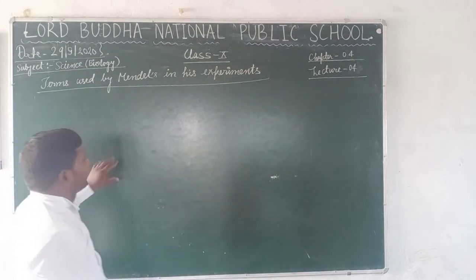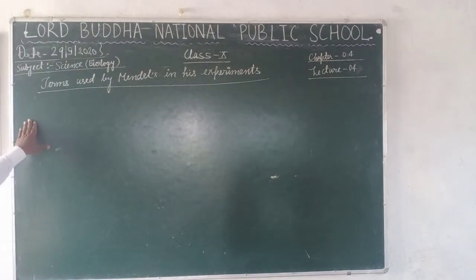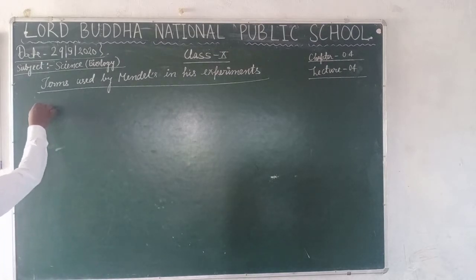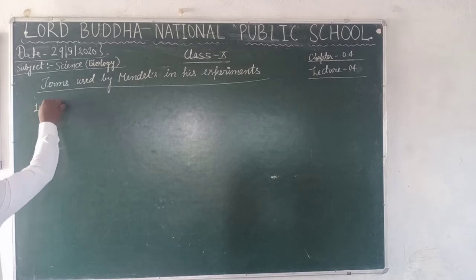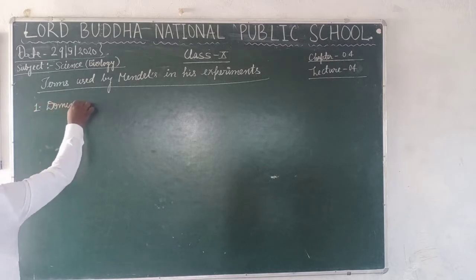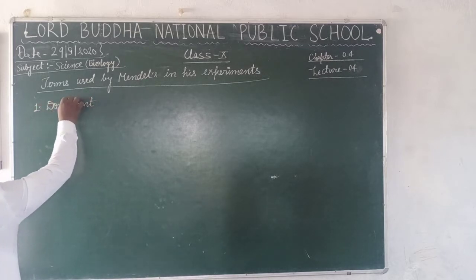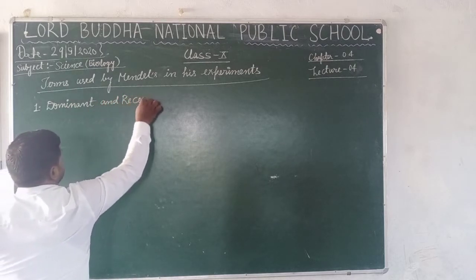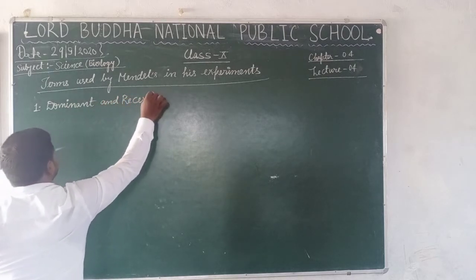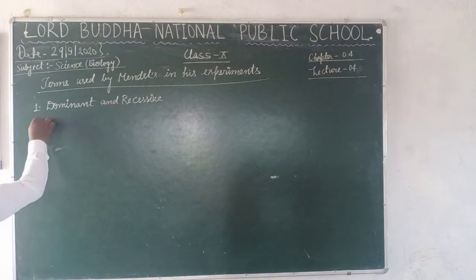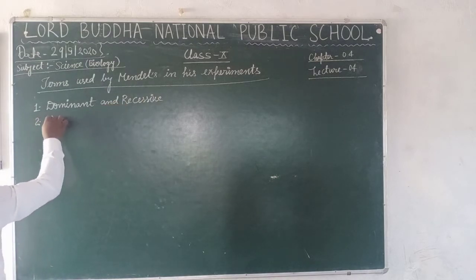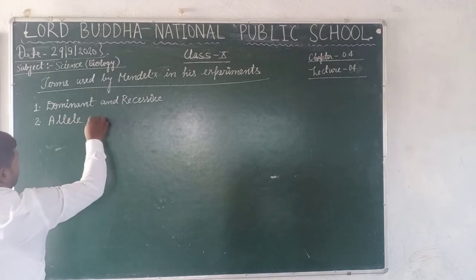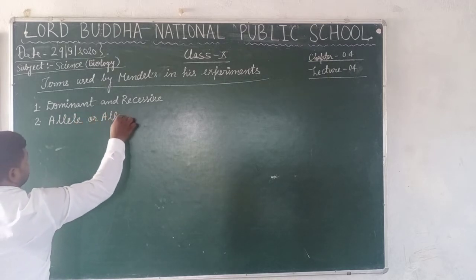So students, what are the terms used by Mendel in this experiment? The first one is dominant and recessive. The second one is allele or allelomorph.